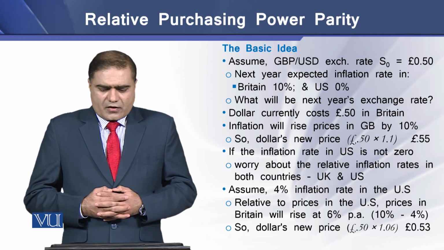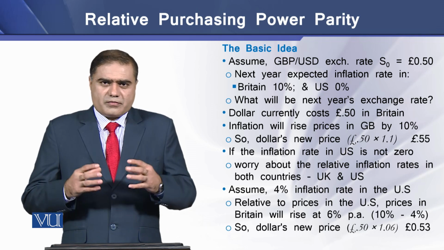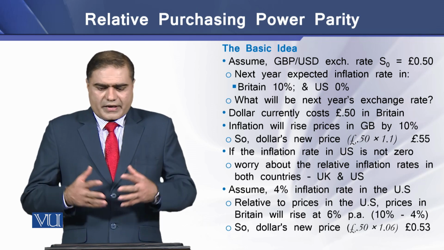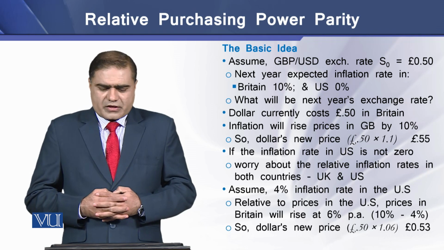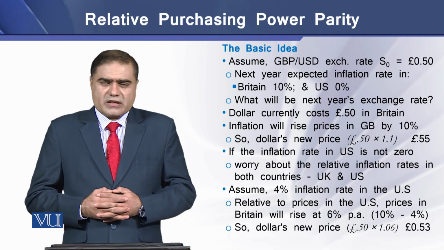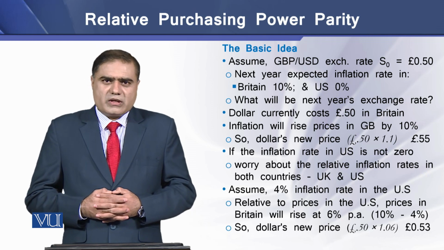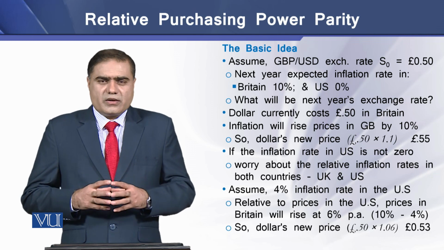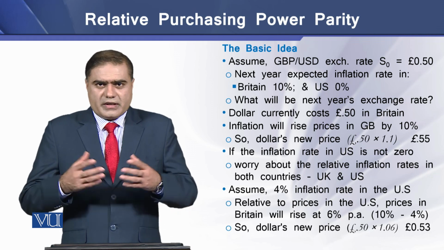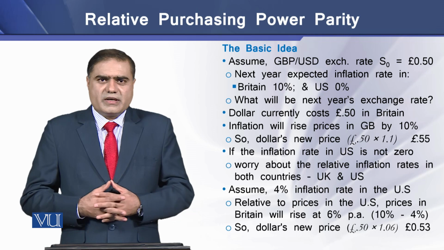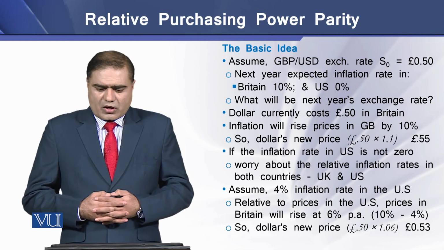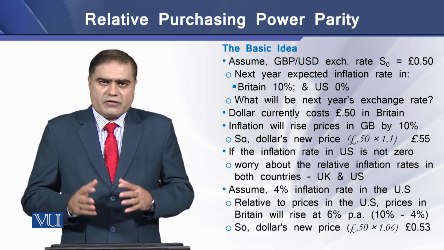We see that the dollar is currently selling at 0.5 pound in Britain, and inflation will raise prices in Great Britain by 10%. So the dollar's value will also be increased by this percentage, to the tune of 0.55 pound.